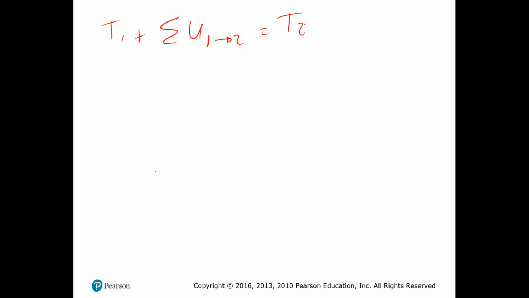At the initial state, you have all of the work done by all of the forces involved, and that could be spring forces, things like that. Then you have the kinetic energy that all these phenomena are doing to your system. When you sum all of that kinetic energy plus the work, that's what will tell you exactly what you have at the end.